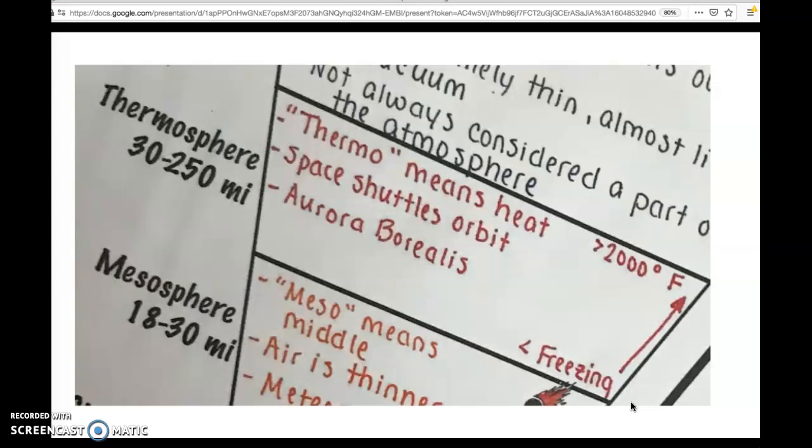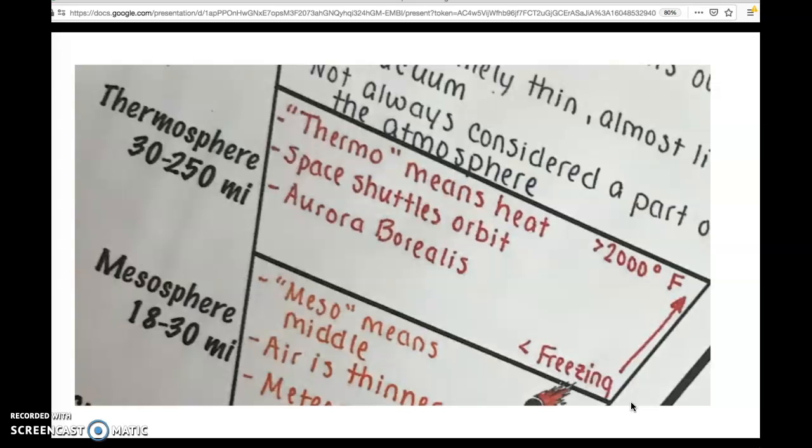It can reach up to 2,000 degrees Celsius, which is about 3,600 degrees Fahrenheit. So really, really warm. Remember, the boiling point for Celsius is 100 degrees, so this is more than 10 times past the point of boiling. It's very, very hot.